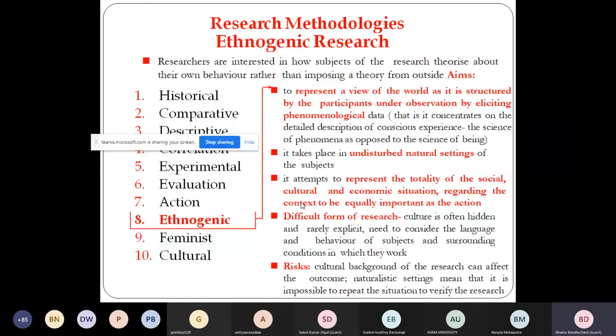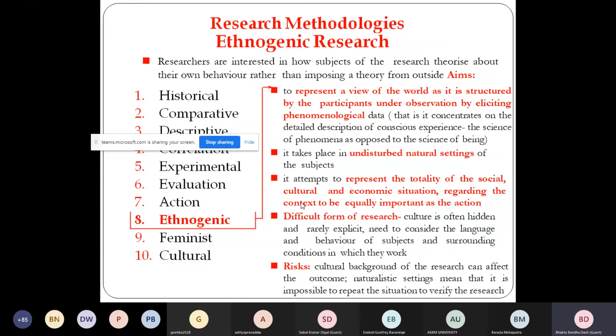Then the next pattern of research is basically called ethnographic research. Researchers are interested in how subjects of the research theorize about their own behavior rather than imposing a theory from outside. Any ethnographic research, any anthropological studies, those are all ethnographic researches.